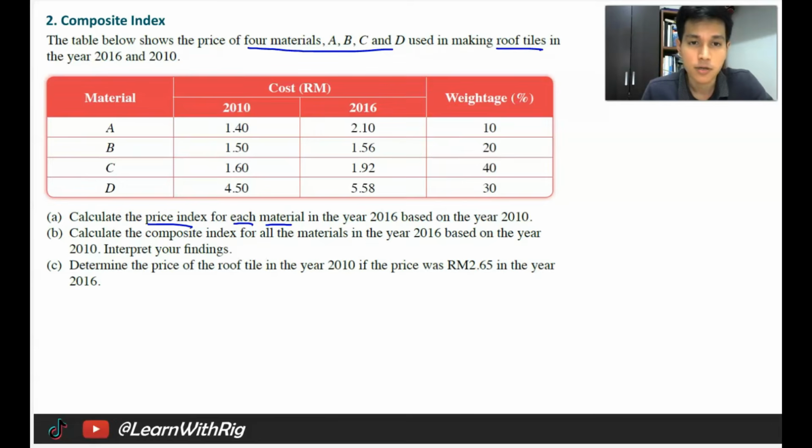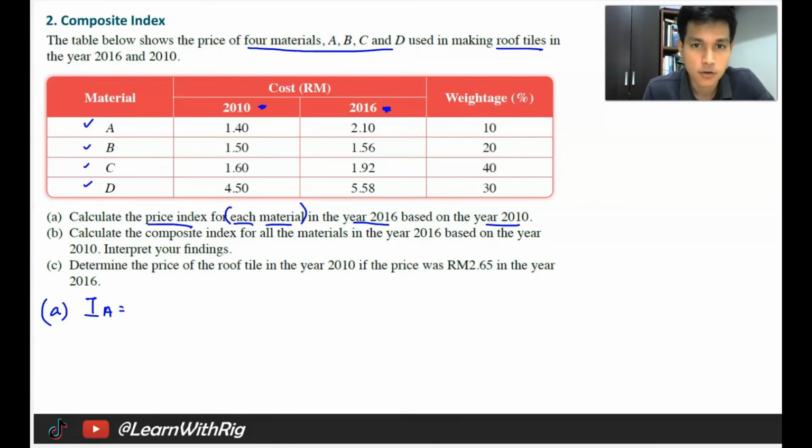Index number formula, because price index is basically index number, and they said each material. So for each of them you have to use the index number formula. First one, IA is equal to, they're asking for 2016 based on 2010. So 2016 is here, 2010 is here.